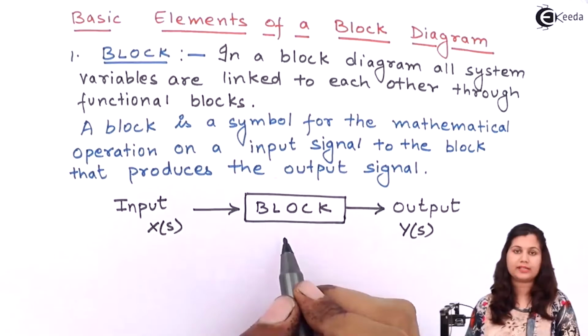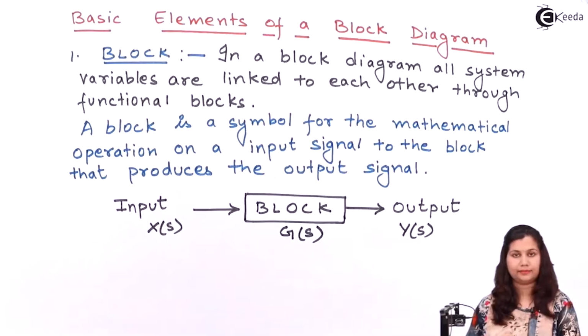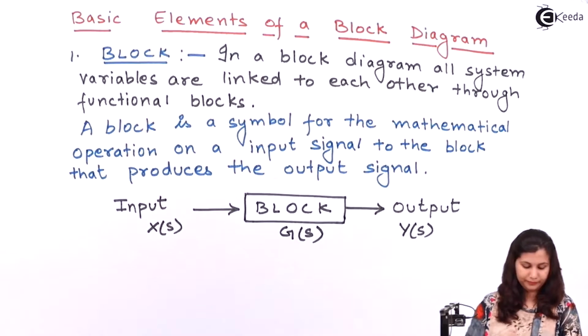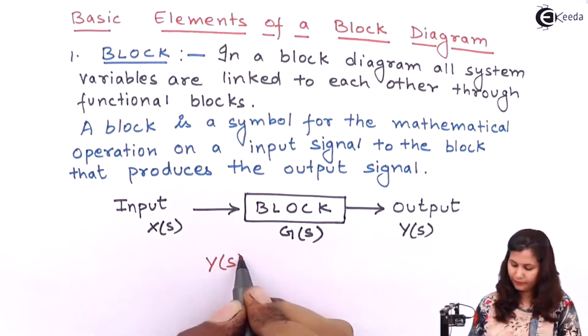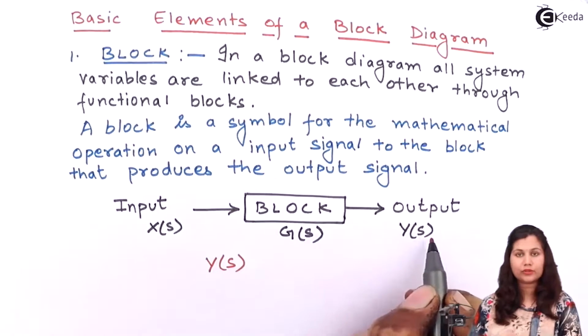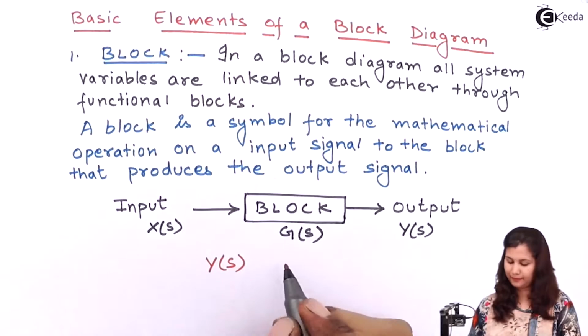So the transfer function is represented by G(s). So if we write the equation for this block, it will come out to be Y(s) equals the multiplication of G(s) and X(s).